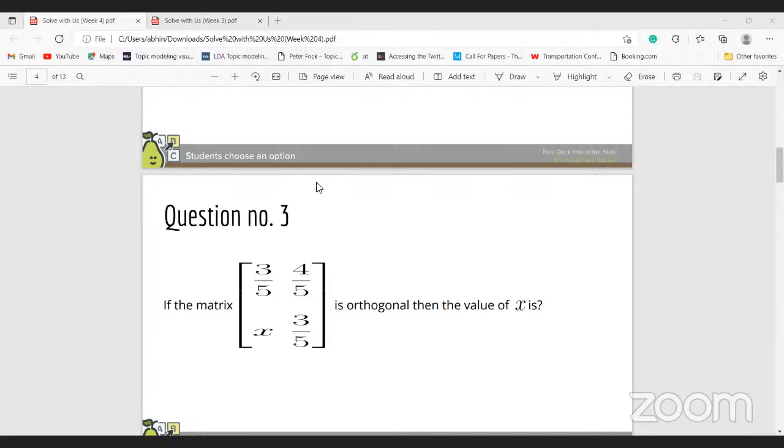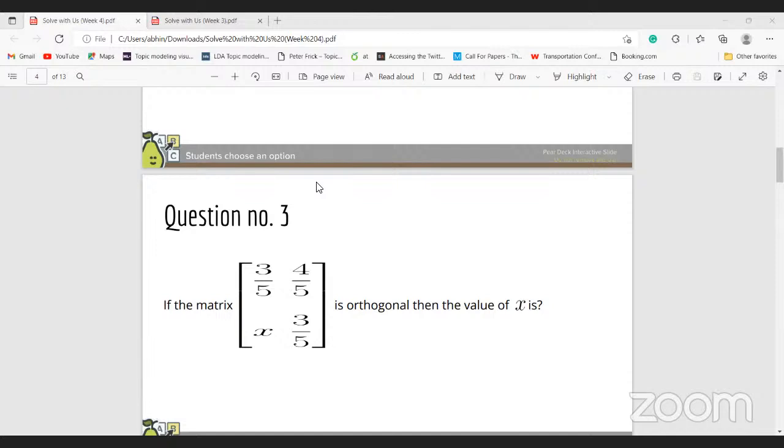Sir, but I am getting -4/5 by the dot product also. Okay, -4/5 you got. But A transpose equal to I is more reliable. No, sir, I'm just asking whether it is the right thing to do or not.